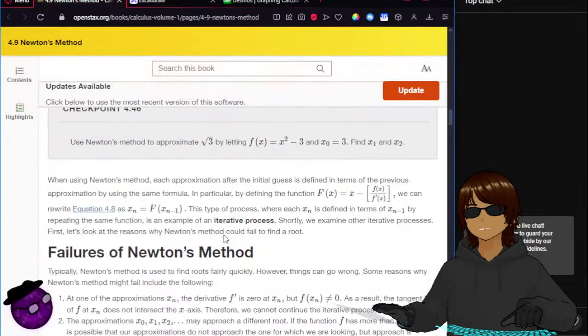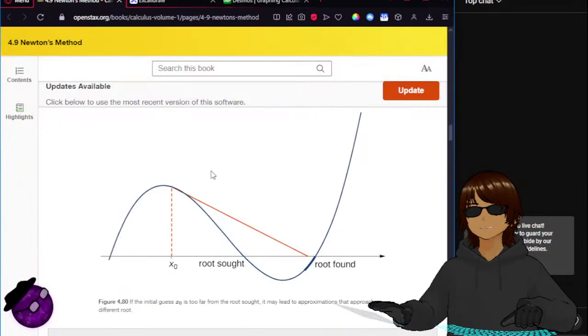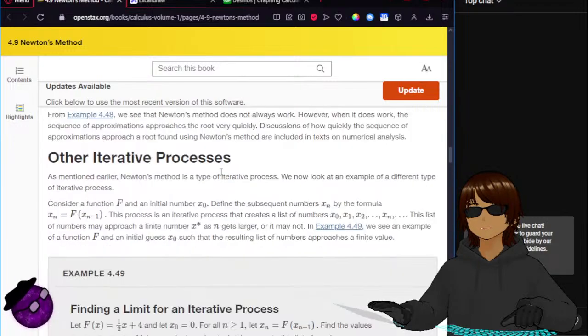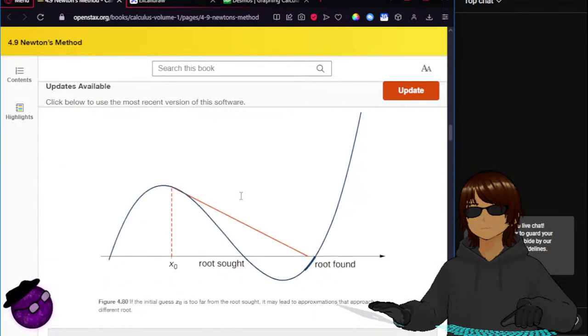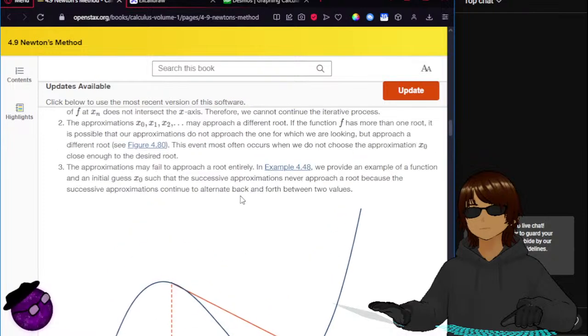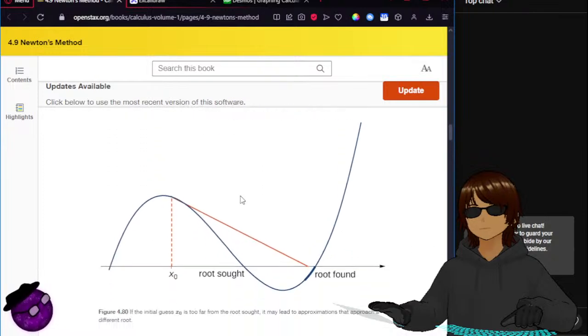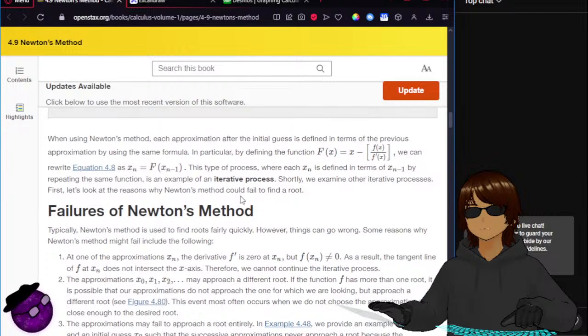So I think they gave an example here. Where is it?